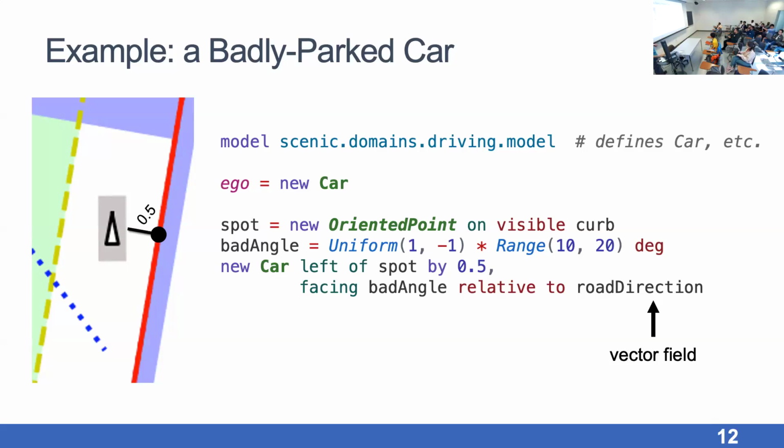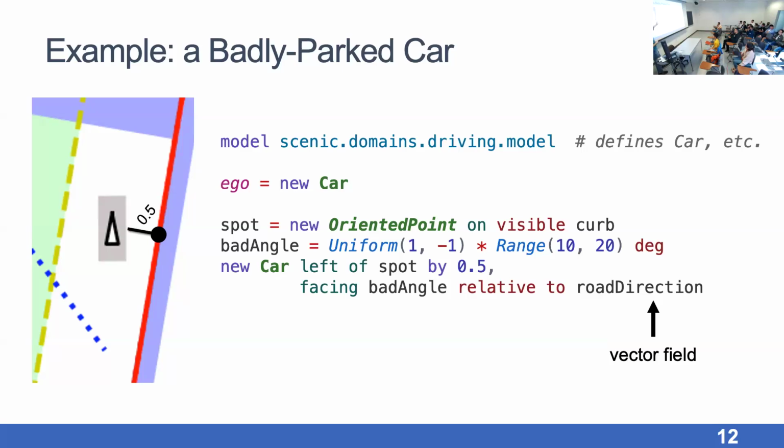So what we're doing here is we're saying, I want this badly parked car to face this angle that we chose before, but not in the global coordinate system. In Scenic's global coordinate system, an angle of 0 means due north. But if this road is not pointed north, like here it's slightly over, we want a 0 angle to mean pointing along the road.